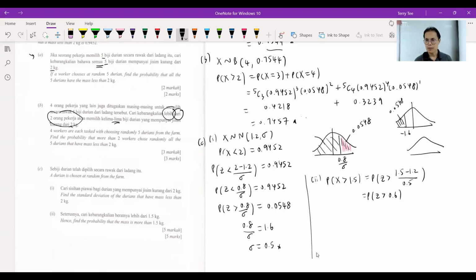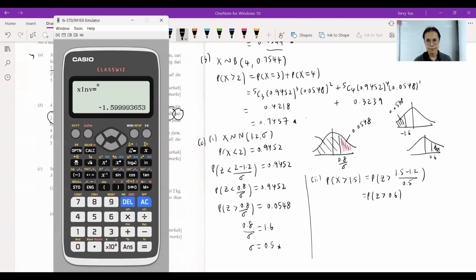If you have a calculator, of course, use this calculator because it's a lot easier. Press menu, go to 7 for distribution, go to number 2 for normal. Your lower limit is 0.6. Upper limit goes to infinity, but we can't type infinity, so you put 999.